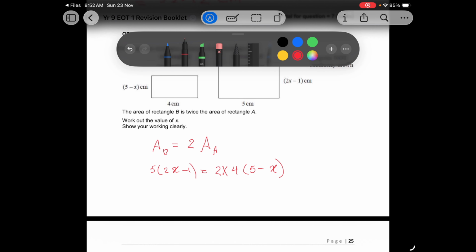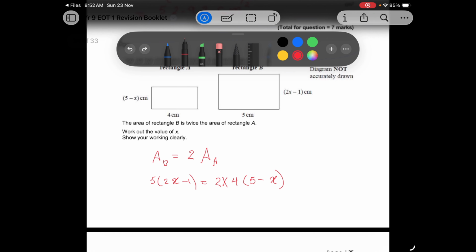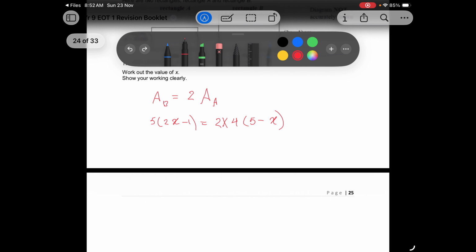So I just multiply this guy by this guy to have the area of rectangle A, and then multiply it by 2, and likewise for rectangle B.